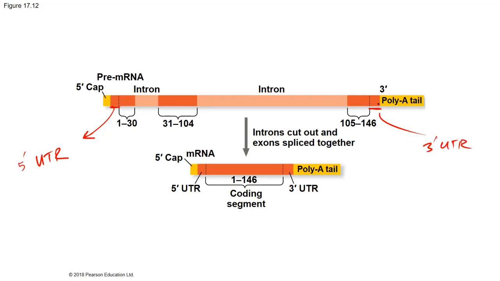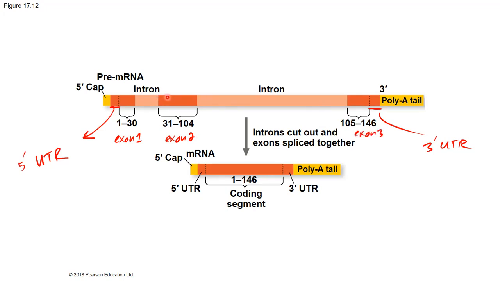They are not translated. But notice we have regions here and here. They are called exons. So this is exon 1, exon 2, and here we have exon 3.